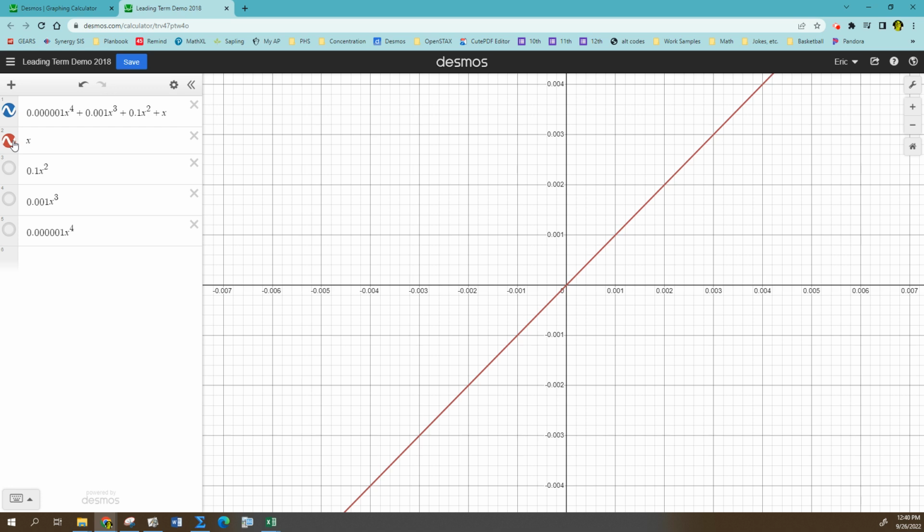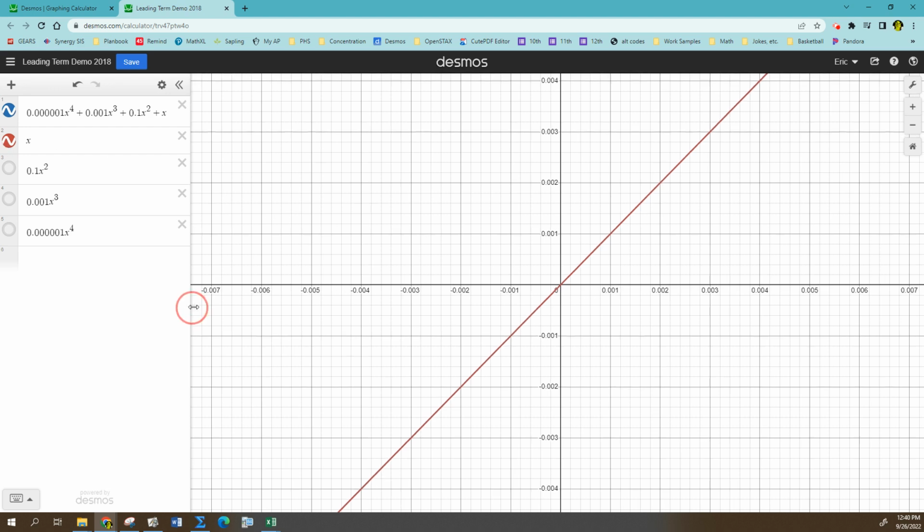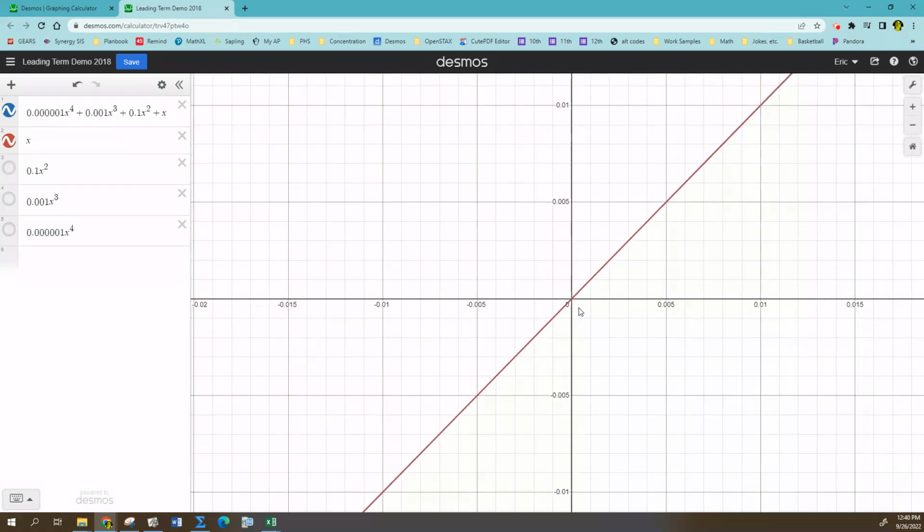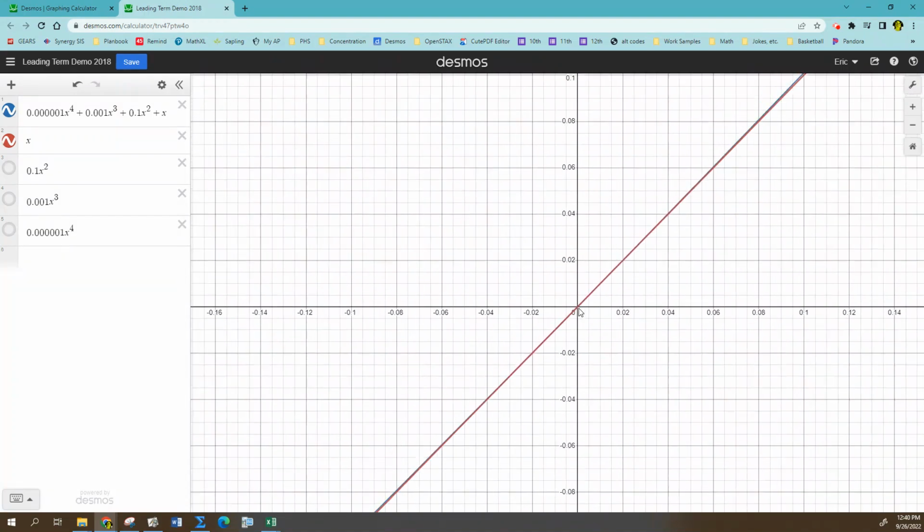So it would appear on this scale, if we were going to employ inductive reasoning instead of deductive reasoning, we would say, okay, well then clearly the dominant term in that polynomial must be the linear one, but it's not. I mean, if I zoom out a little bit, pretty quickly we can see that things change in a way that makes it nonlinear.